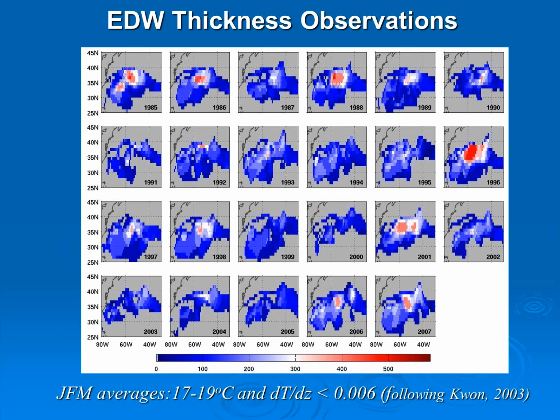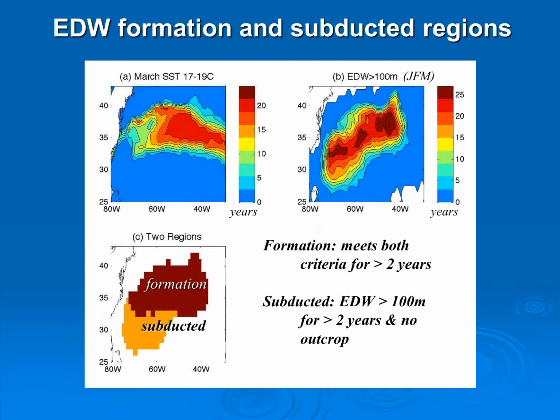I should mention that not all the areas where you see EDW are outcropped. This means that some areas are not locally formed, but are actually subducted from the formation region, which is clearly shown if we look at the outcrop of 17 to 19 degrees C. This is the 19 and 17 degrees C outcrop, and on the left are the years when we find EDW thicker than 100 meters.